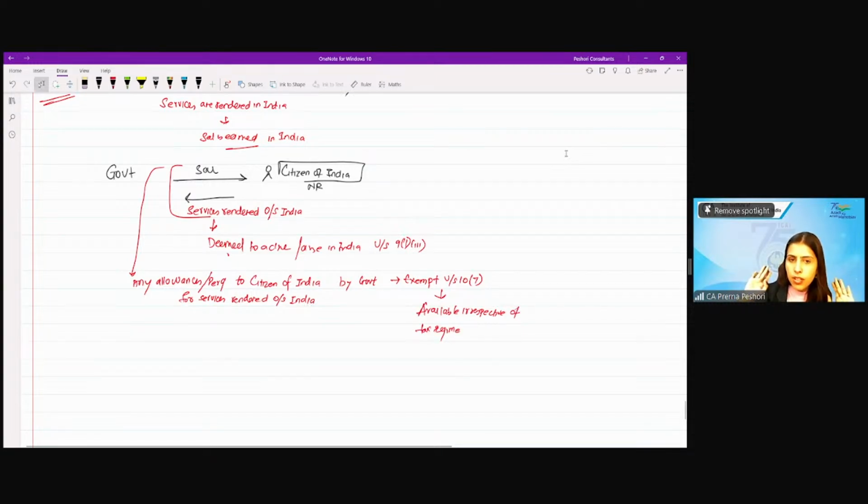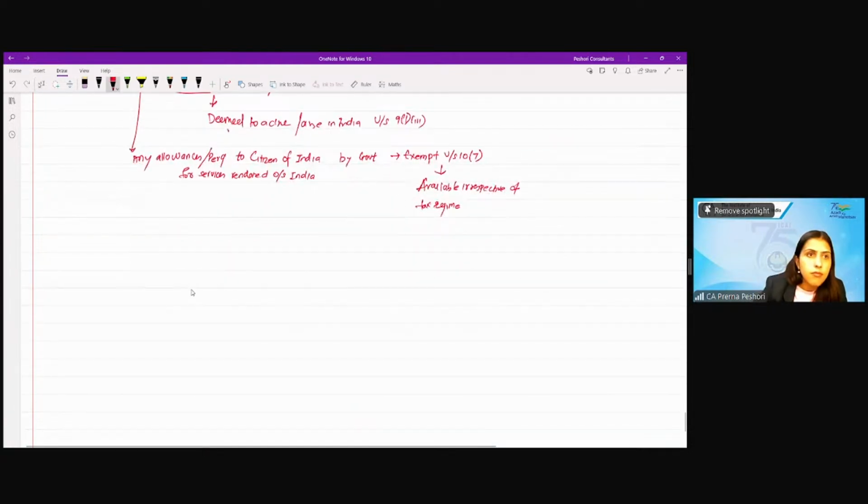Yes or no? So just write down: remuneration to a non-citizen of India by the foreign embassy is exempt.